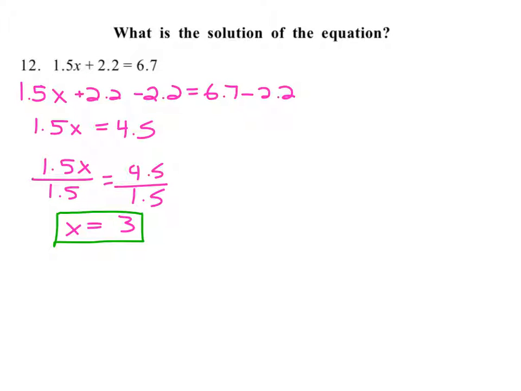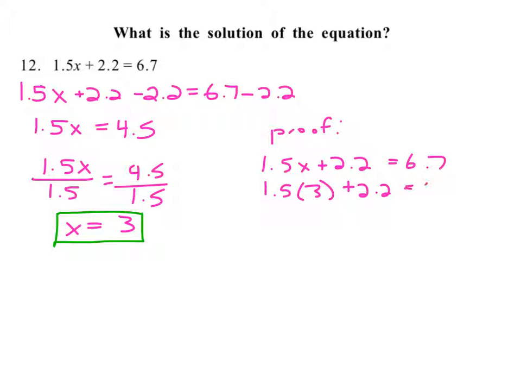Now, let's do a proof on this. Proof, we say 1.5x plus 2.2 equals 6.7. 1.5 times 3 plus 2.2 equals 6.7. 1.5 times 3 is 4.5 plus 2.2 equals 6.7.